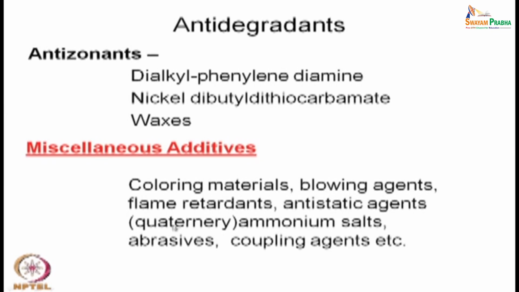These are basically electrolyte type compounds that help in dissipation of the static charge accumulated over the rubber product. Then abrasives: for grinding wheels and abrading surfaces, some abrading rubber products are available. There are some hard materials, say carborundum powder, used as abrasive additives.